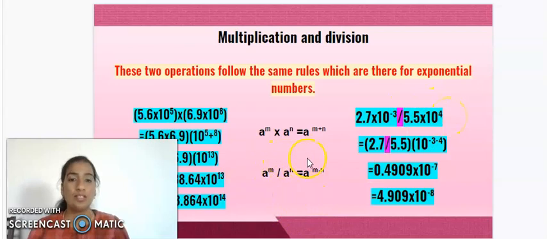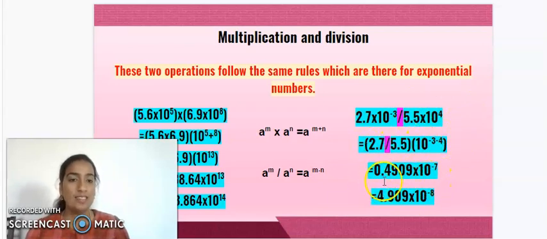So again the exponential rule, a raised to m divided by a raised to n is equal to a raised to m minus n. These two rules we have learned in small classes, right? So 2.7 divided by 5.5 into 10 raised to minus 3 minus 4, that will be 10 to the power minus 7.